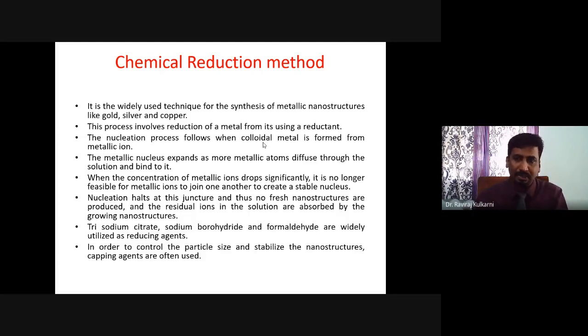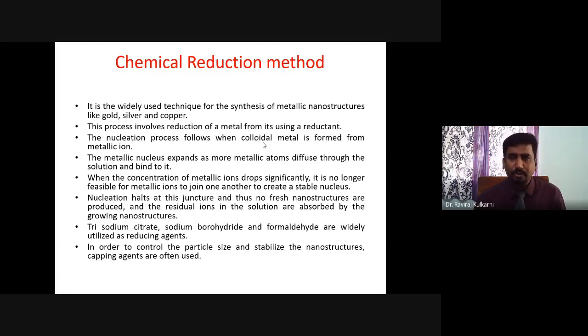Metal ions are forming metals, and the metal ion concentration is also decreasing. When it drops significantly, it will not create new nuclei, and the growth also stops. Nucleation halts at this junction, and no fresh nanostructures are produced. The residual ions in the solution are absorbed by growing nanostructures.